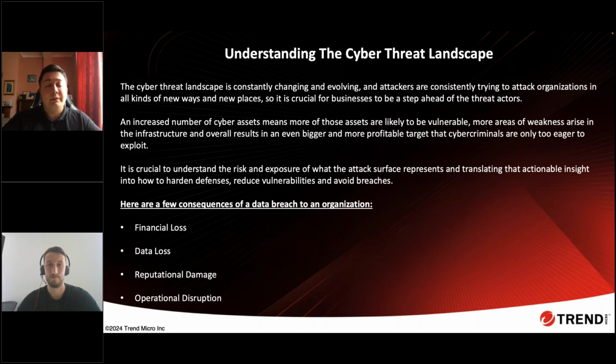So it's crucial for businesses to ensure that they are well defended against all of these different cyber threats, because these threat actors are really trying their best to infiltrate systems, and it's important for businesses to ensure that their security posture is compliant but also well secured to spot any of these different threats and attacks.